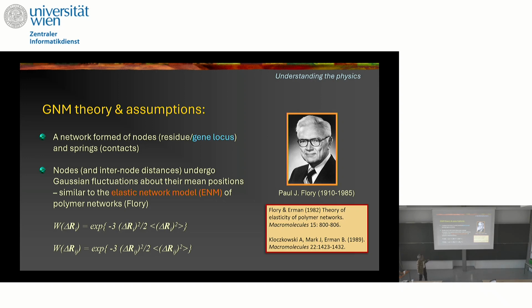Nodes undergo Gaussian fluctuations about their mean positions, and so do the internode distances. They also fluctuate Gaussianly, and the distance between two nodes obeys this type of Gaussian distribution. That's the basic theory.